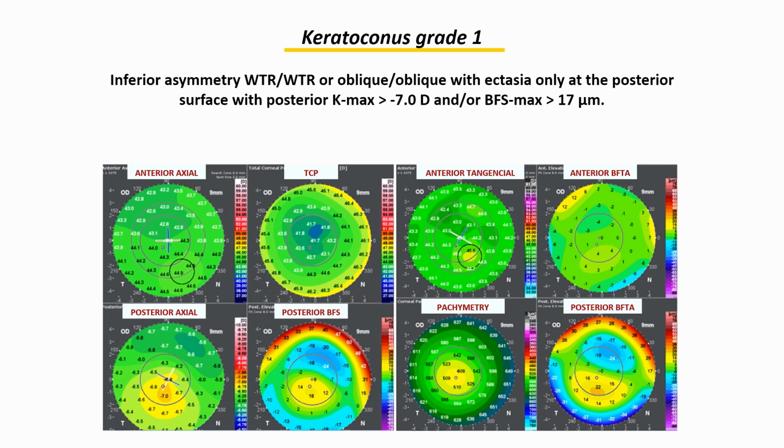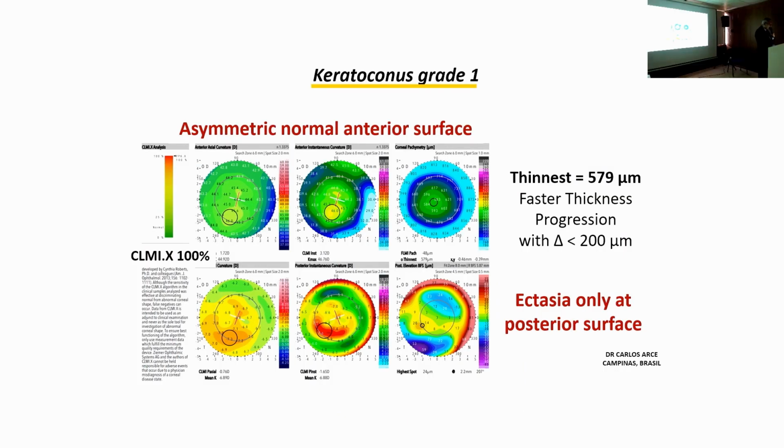So we all know that these cases are going to postoperative ectasia, one of the most important risk factors for ectasia after refractive surgery. So this is keratoconus grade 1 with ectasia only at the posterior surface.